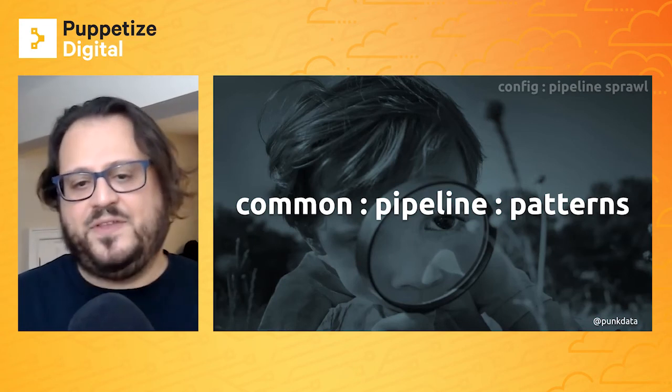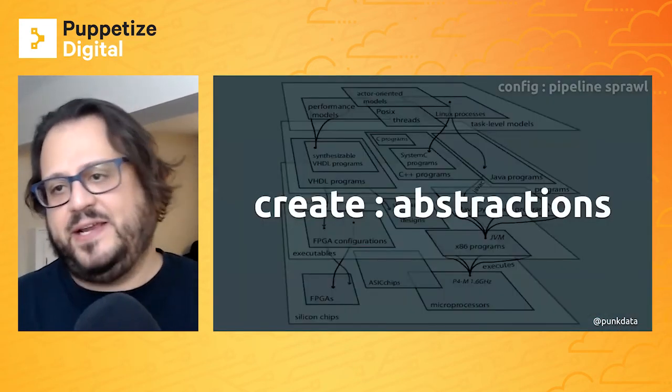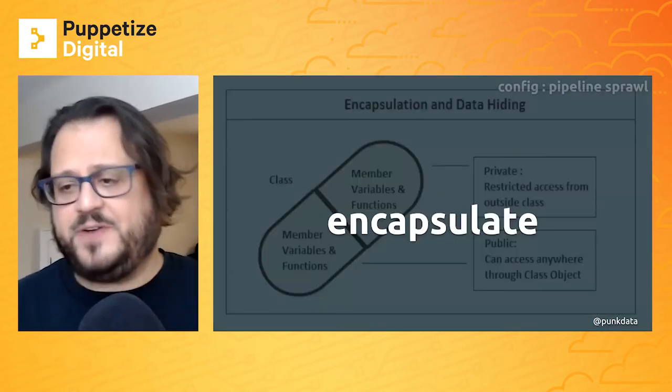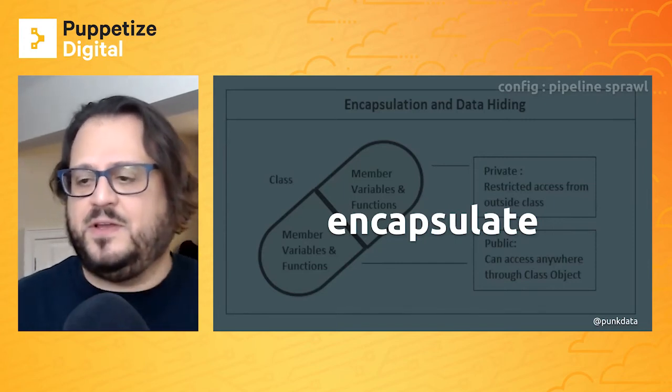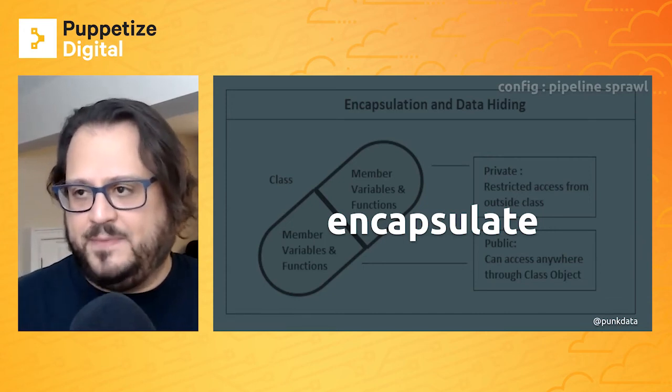So once you have those patterns identified, go ahead and create abstractions, right? Isolate them. And when you're creating the abstractions, obviously you can encapsulate that functionality and some of the parameters and values that are required by that pattern.